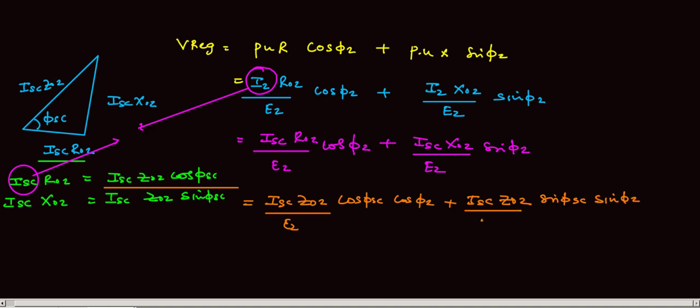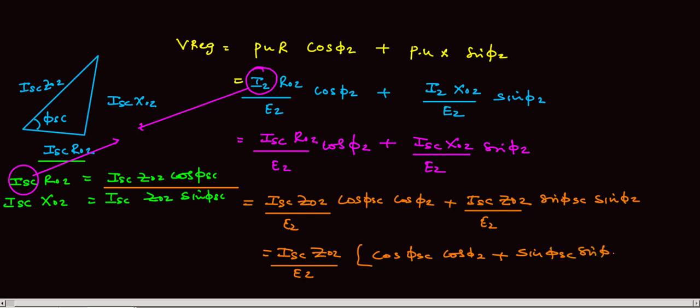Can I write or not? Okay, so I can take ISC ZO2 by E2 common, into cos phi SC cos phi 2 plus sin phi SC into sin phi 2. Okay, can I write or not?